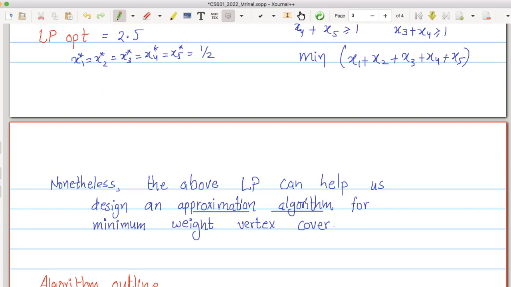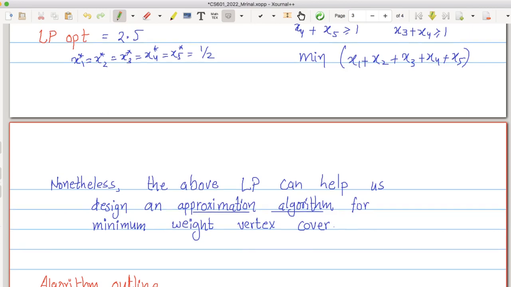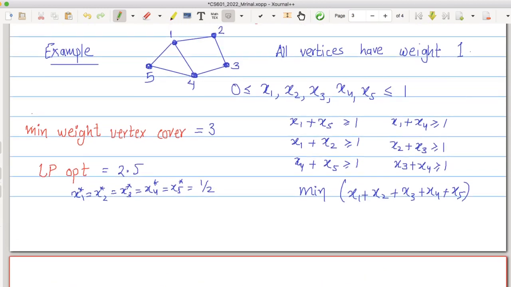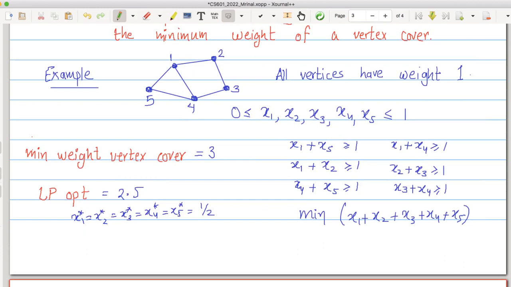This happens with many combinatorial problems, that you can use linear programs to design an approximation algorithm for them. Sometimes the linear program would be straightforward, sometimes it would not be that straightforward. So that part also requires some design techniques, right? How to write the correct linear program.